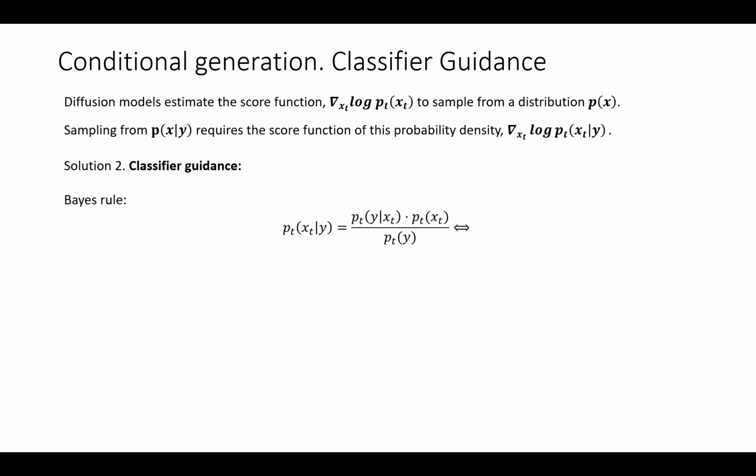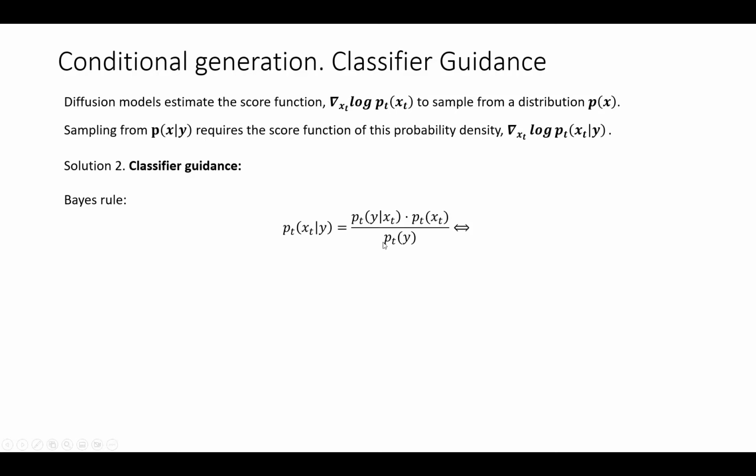You know Bayes rule, which relates the two conditional probabilities. Here we have the probability of xt given y, which we can compute from the probability of y given xt.